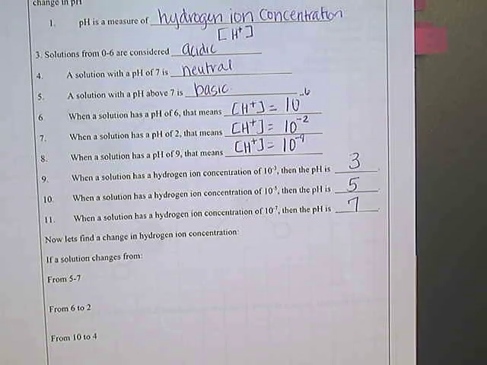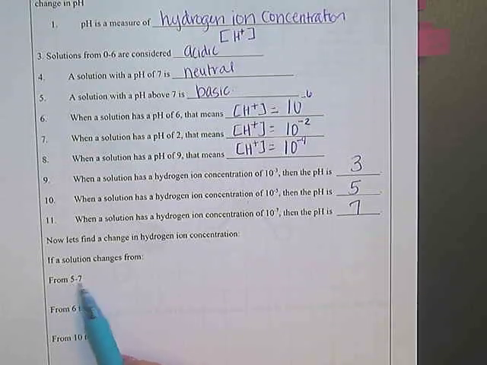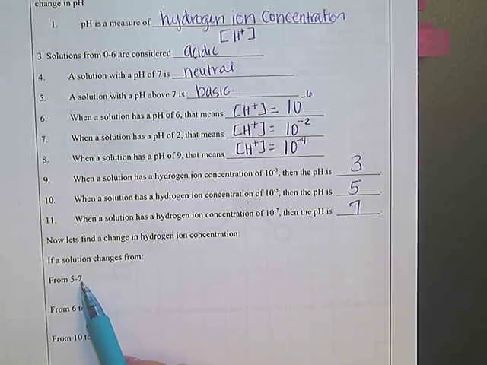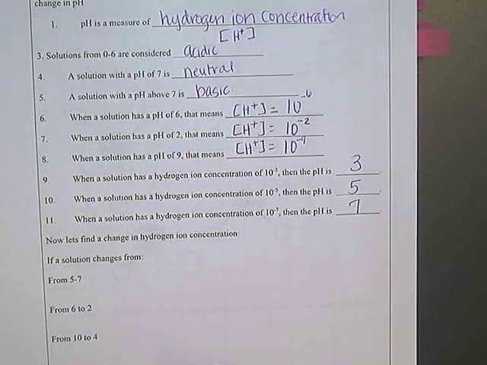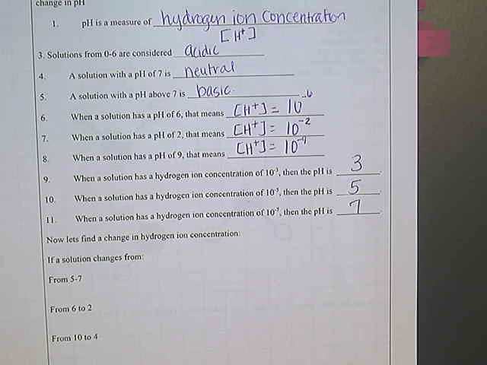So when you want to calculate the change in the hydrogen ion concentration, you're looking at solutions at various pHs. If we're going to go from 5 to 7, then what you would do is use the exponent. These are your exponents for your base 10.